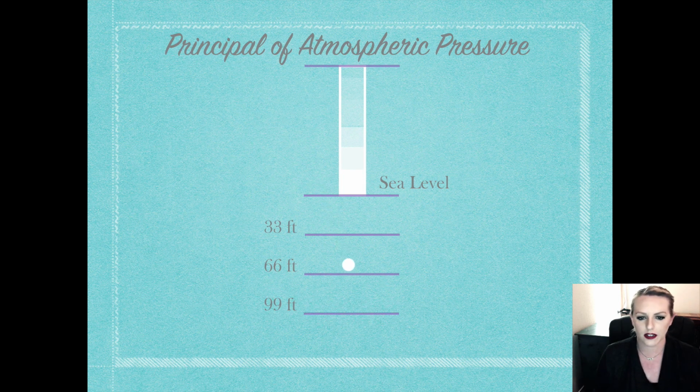If our diver went to 66 feet, he has 3 atmospheres on top of him because we have to count the atmosphere that is sitting right above him. However, if you want to know how many atmospheres of water the patient has above them, they only have 2 atmospheres of water. So 3 atmospheres, 2 atmospheres of water.